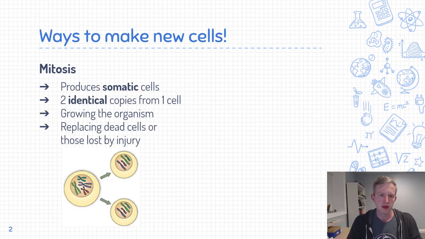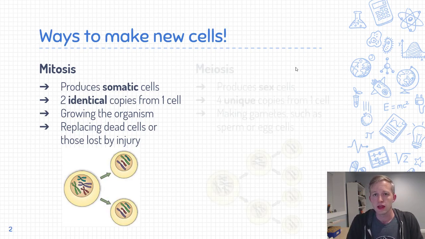So they're identical, and the main purpose is two things: growing, and replacing anything that's lost or damaged. You skin your knee, you're riding your bike and get a scrape, and that's cells that are gone, and it's the nearby cells that replicate and regrow and restore that, and then you're hopefully healed. So that's mitosis. That's normal cell growth in the body.